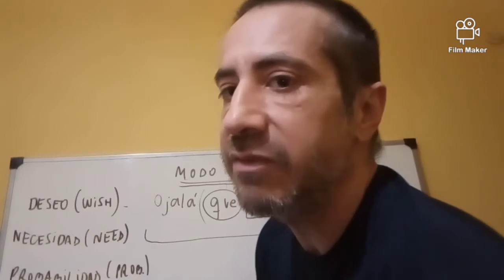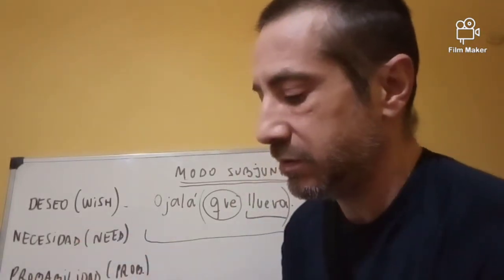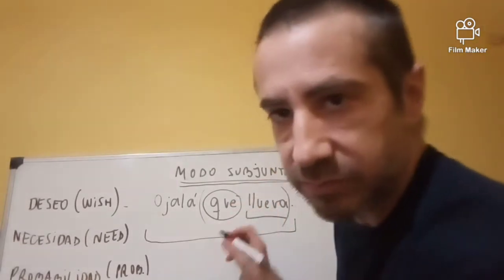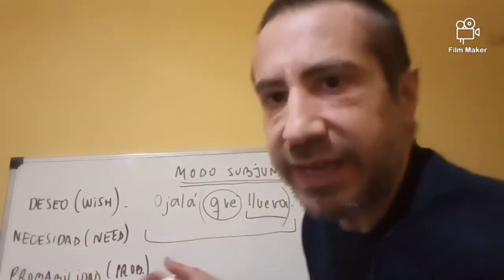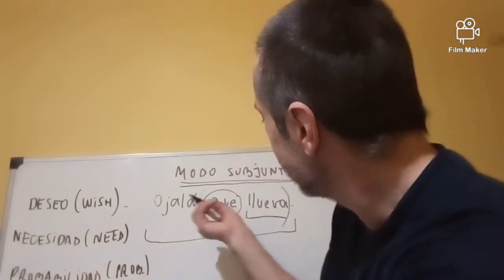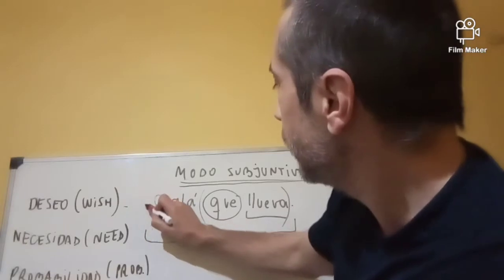Que, yes, you know that in Spanish we don't have strong and weak forms. The schwa sound doesn't exist, so it's always que. Well, I guess you already know this. So it's a wish.